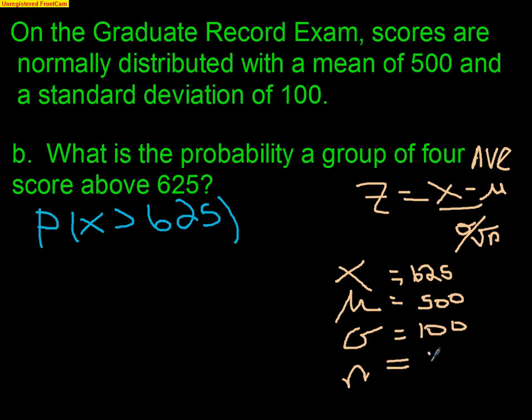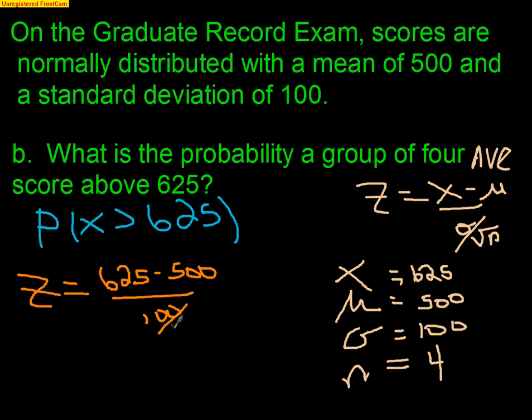Now let's see if we can work the problem. So z is equal to 625 for my x, minus 500 for my mu, divided by 100, divided by the square root of 4. So that's 125 over, and 100 divided by the square root of 4 is 50.